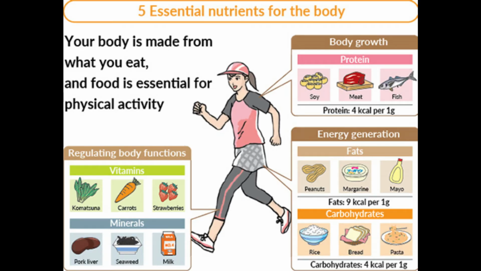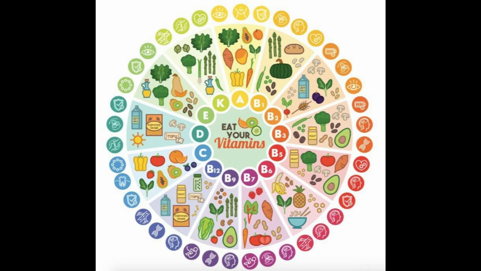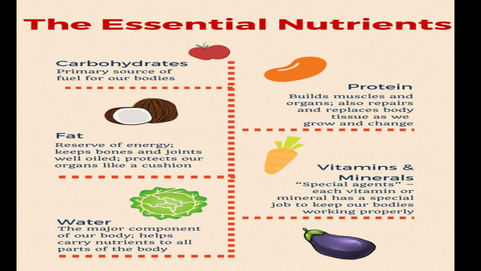You are now familiar with the fact that food consists in part of various nutrients. You may be surprised to know that there are over 40 essential nutrients which are supplied by the food we eat. These nutrients can be classified into categories: carbohydrates, proteins, fat, vitamins, minerals, and water.